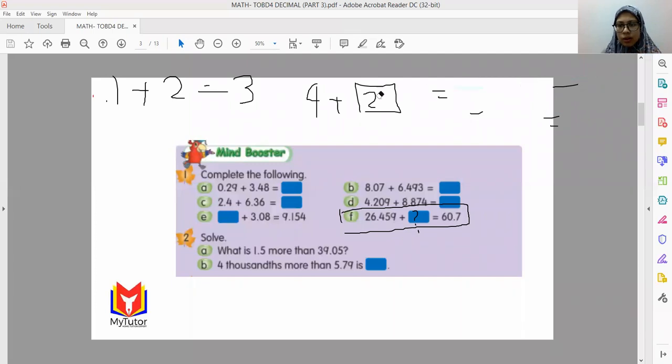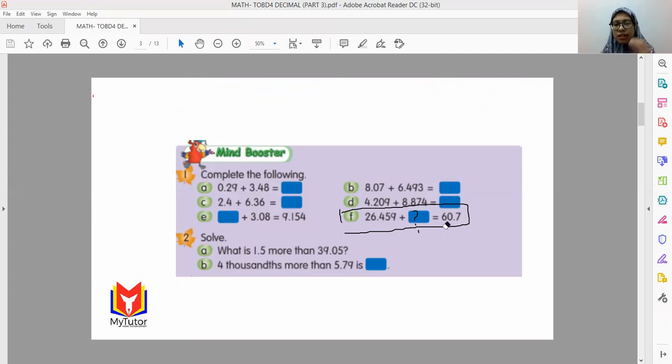Okay, all right, so I'm just going to erase this part first. When you have this kind of question, what you do is you take the answer and you subtract the number given. Then you will get the answer here.